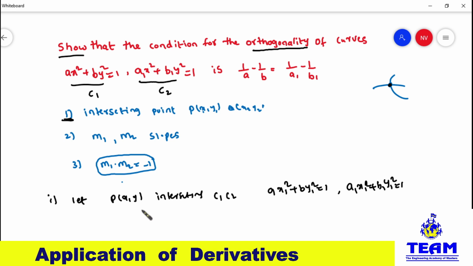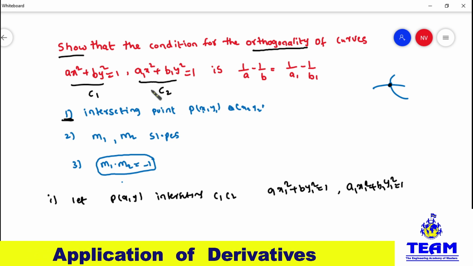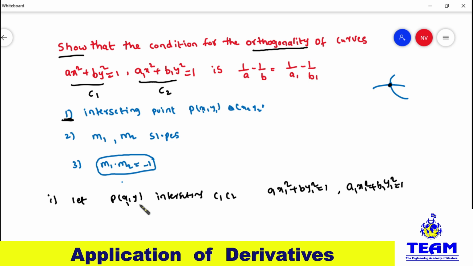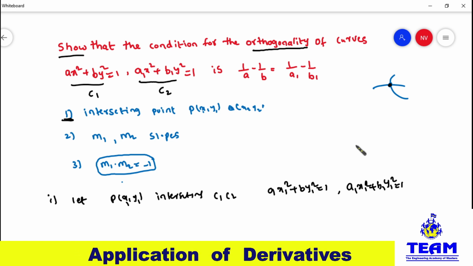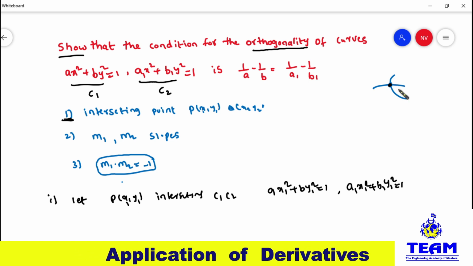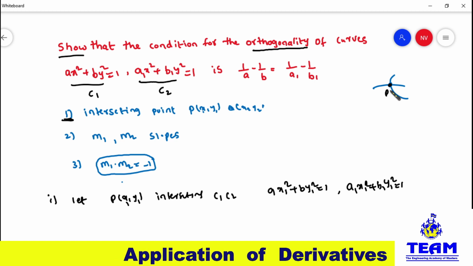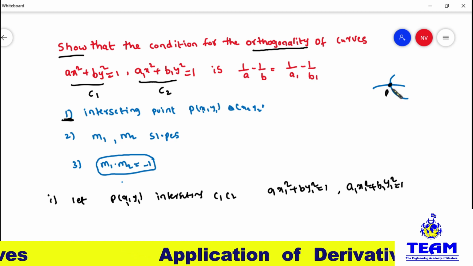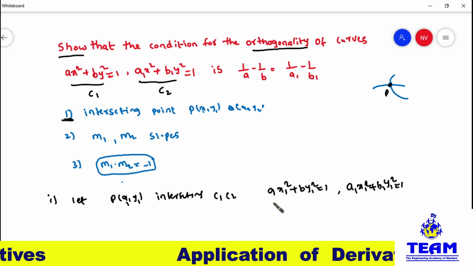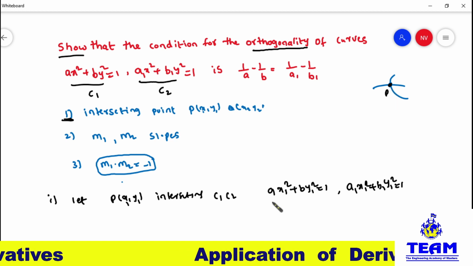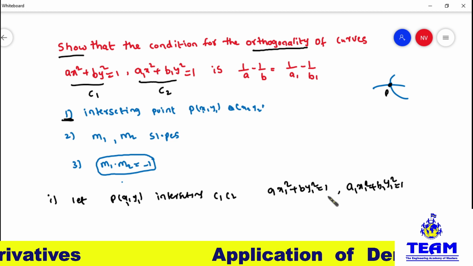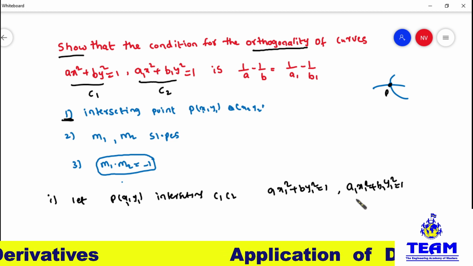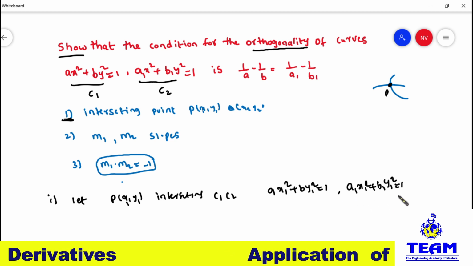So it should satisfy equation 1 and equation 2. If P of x1 comma y1 is a point where these two intersect, then what can we say? The first curve satisfies this point, and the second curve also satisfies this point. So you can write the C1 curve as ax1 square plus by1 square is equal to 1 and a1 x1 square plus b1 y1 square is equal to 1.